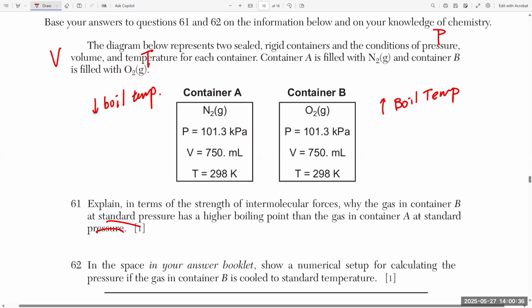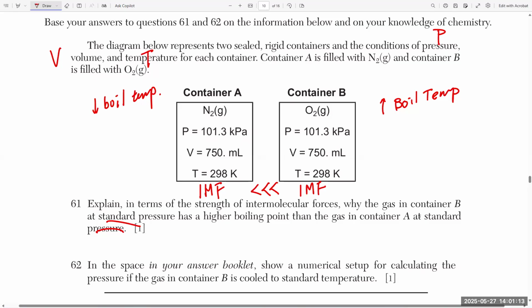So the ones that aren't holding onto each other so tightly are easier to boil. It won't take as much temperature to boil them, so at a lower temperature, they'll already start boiling. So in comparison of the intermolecular forces, container A boils at a lower temperature, so they're weakly attached to each other.